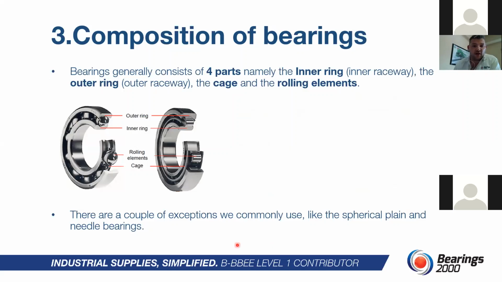Obviously, there are a couple of exceptions that we do commonly use, like the spherical plain and the needle bearings. We'll have a look at one or two of those later in the webinar. Just keep in mind, this is very basic. There will always be exceptions to the rule that we will discuss as we go along.